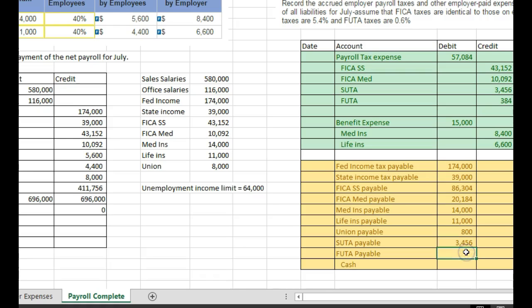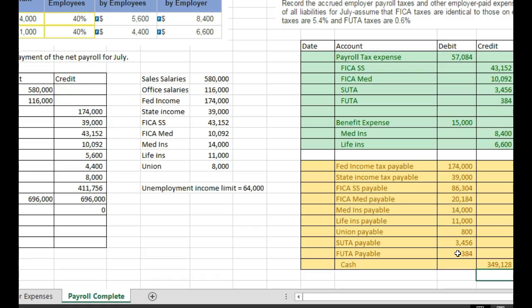And the FUTA is $384. Those all have to be paid. So if I add those all up, that's the amount that I'm going to pay for the payroll taxes and the benefits and the unemployment tax.